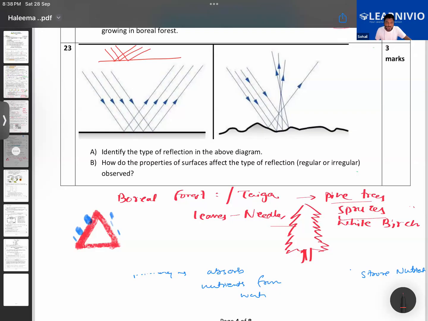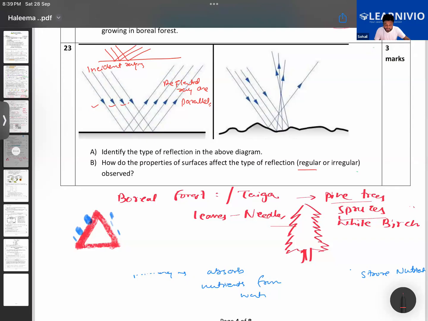So all these rays of light are following the laws of reflection, thereby it's a regular reflection. The incident rays are parallel, and the reflected rays are also parallel to each other. So this tells us that it's regular.